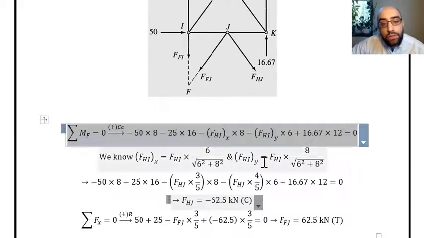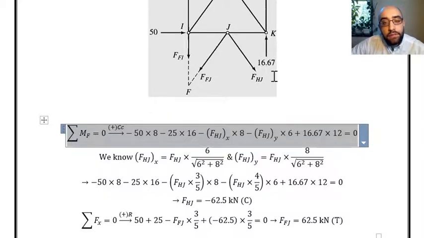So putting these two into the equation, the only unknown will be FHJ. If I solve that equation, we find it as minus 62.5 kilonewton, which means that it is in compression because we assumed it is in tension. It is negative, which means that the member is in compression. And through this calculation, we could find the force in member HJ.